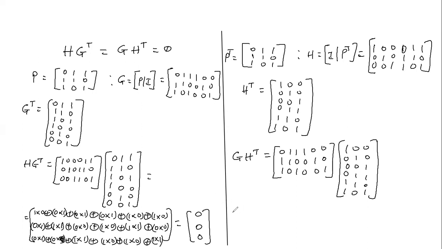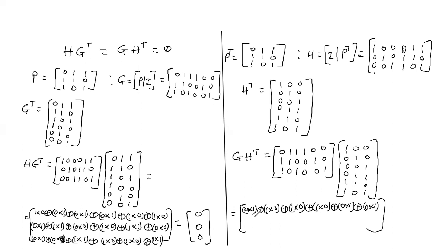Now, then this also is going to be 0 times 1, plus 1 times 0, plus 1 times 0, plus 1 times 0, plus 0 times 1, plus 0 times 1, 0 times 1.